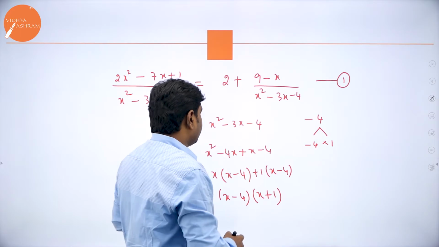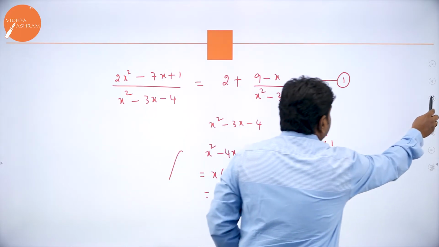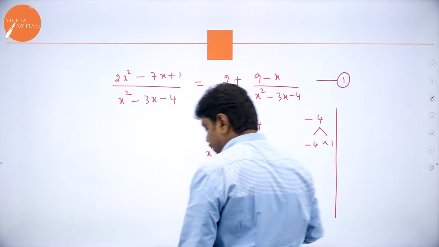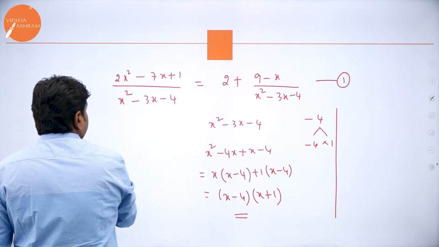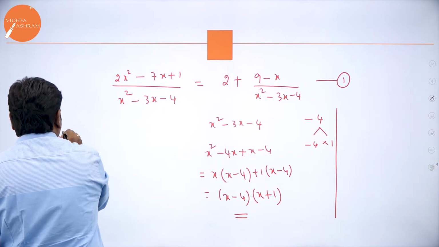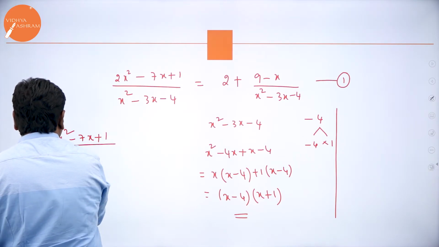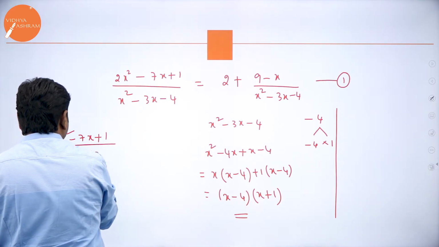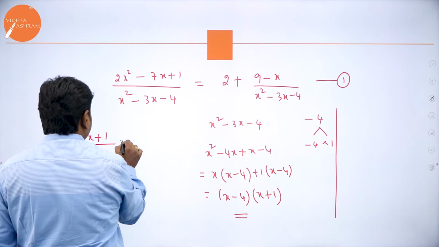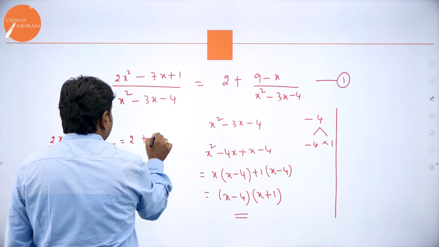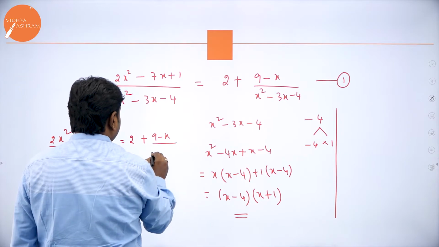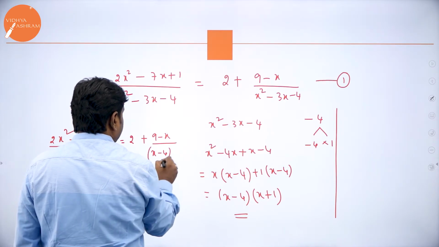After we do middle term factorization, coming to the given problem, 2x square minus 7x plus 1 divided by x square minus 3x minus 4 was given. I can write it as 2 plus 9 minus x divided by x minus 4 into x plus 1.